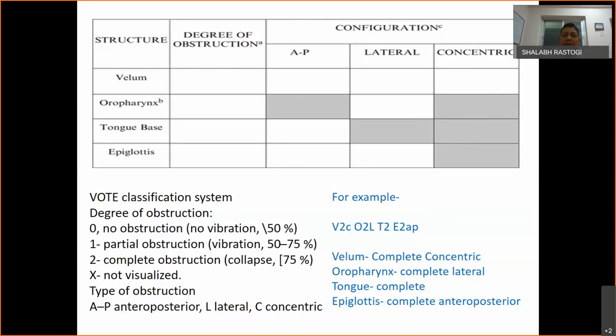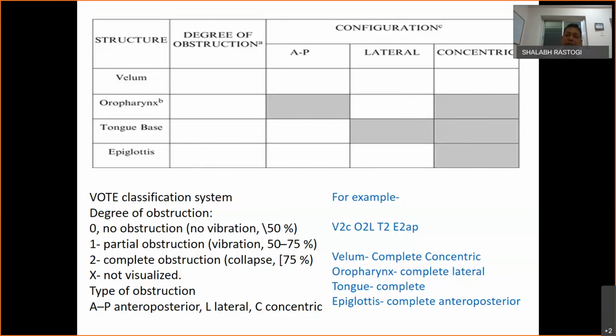And another column tells us about the configuration, which is the anteroposterior dimension reduction, a lateral collapse, or a concentric collapse. So velum will have all the three types of collapse. Oropharynx will have only the lateral collapse. Tongue base has anteroposterior collapse only, and epiglottis may have anteroposterior and lateral collapse. So if I write V2C O2L T2 E2 AP, it makes more sense for the other person to understand what the findings of my DISE are.